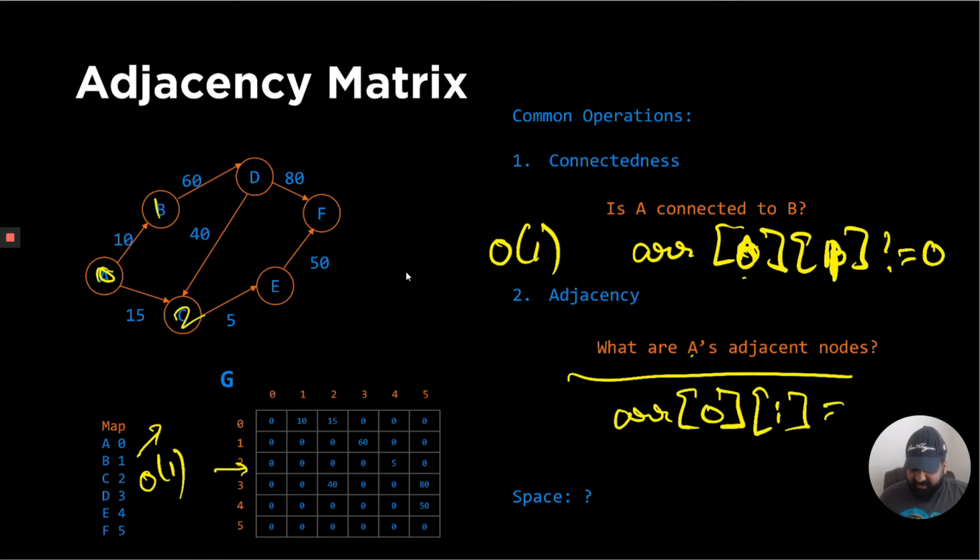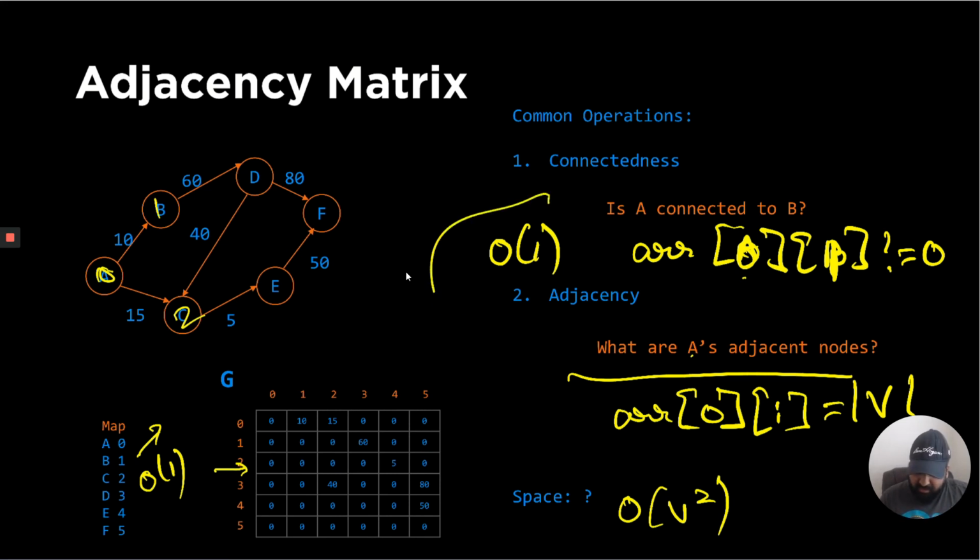So this will take V time, because the number of columns in this matrix is going to be V. It's a strictly 2D array, so it's going to take V amount of time. What about space? The space is really straightforward. This is O of V square, because it takes V rows and V columns in the matrix, so it's O of V square.